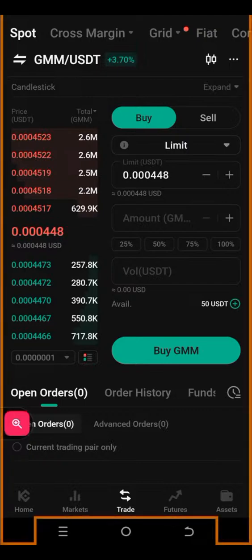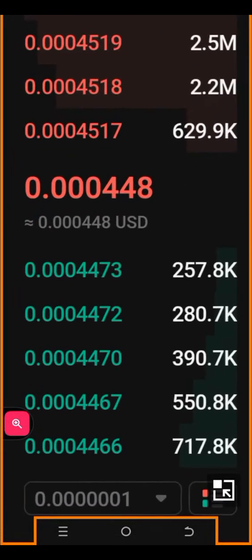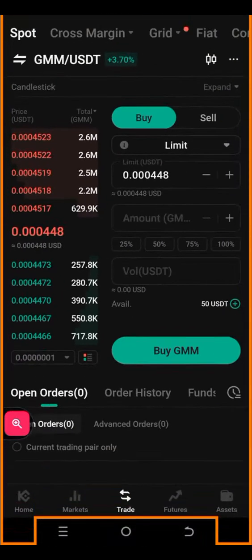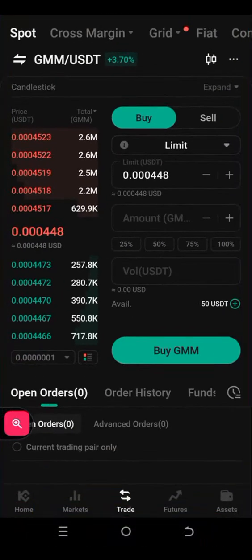Okay, we want to buy, and we have 629K. So at least we have enough. Do we have enough? Yeah, because if we're buying 100%, we're supposed to get 111,000.